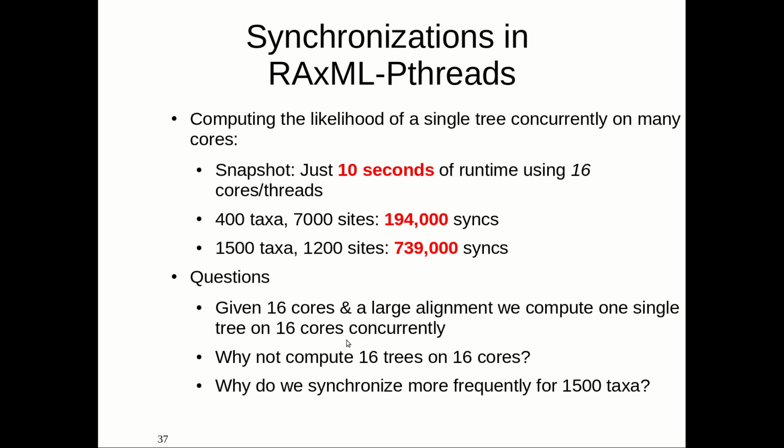Why wouldn't that be better? What do you think? Just think about it a little bit. And the other question I have for you is, why do we synchronize more frequently on this data set with 1,500 taxa within 10 seconds of runtime than we do for this data set with 400 taxa?